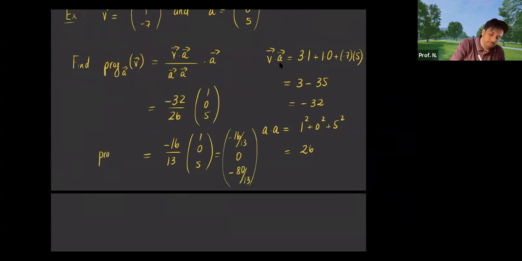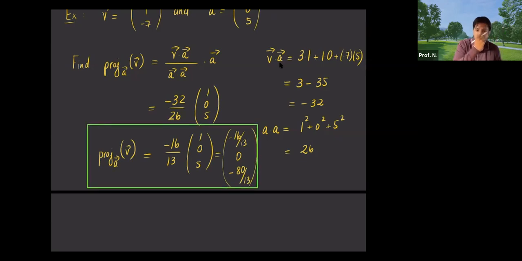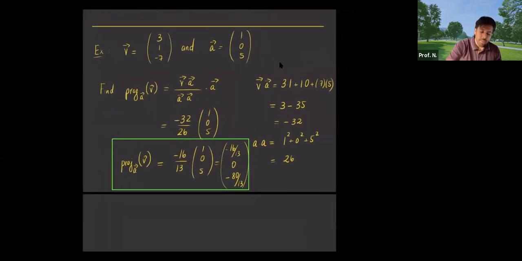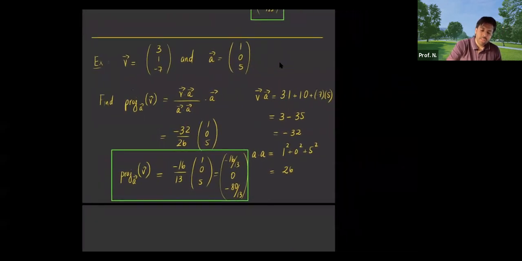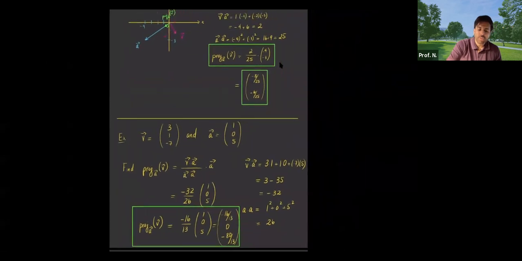So this is the vector of V being projected onto the vector A. And I will spare you my attempt to sketch this in a three-dimensional space. This is not as simple, but it's the same idea as two-dimensional space, dealing with vectors that you're trying to project upon another vector. It's the same idea.